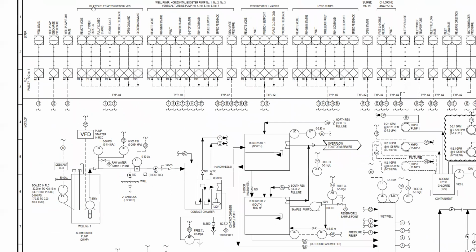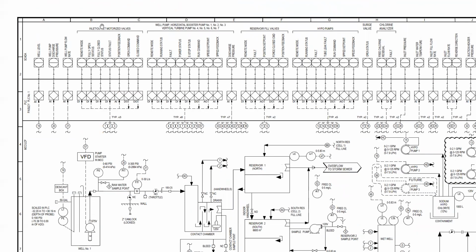And if you look here at motorized inlet and outlet valves, typical 3, we can see that all of the motorized valves have the same IO. So to save on space, you can group devices that have the same IO together. These valves have a remote status, a fully open, a fully closed, a fault, a position feedback, and an open and closed command. 1, 2, and 3, well, we know these are called inlet and outlet valves.